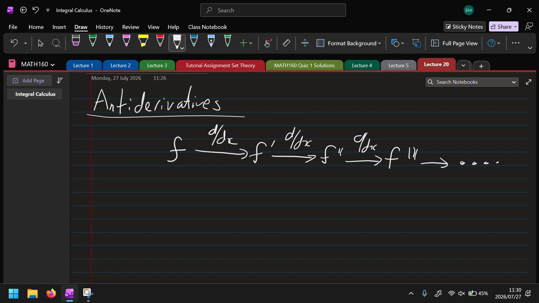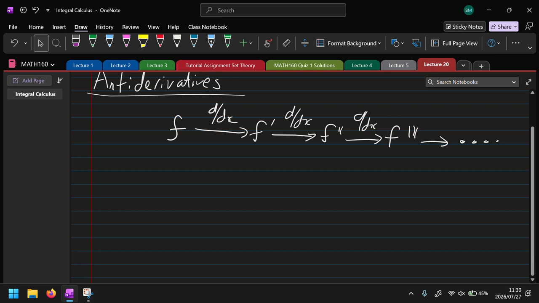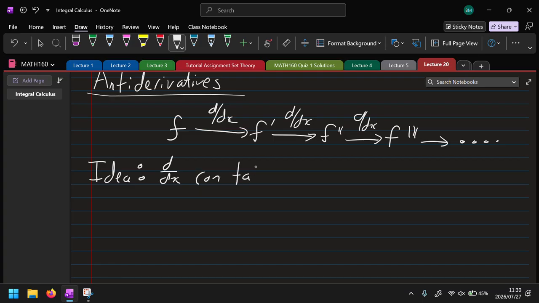Now, the idea for the antiderivative is very simple. This chain is going to the right. Can we go to the left? That's the whole idea for antiderivatives. The derivative operation, d by dx, can take us down the chain to the right.